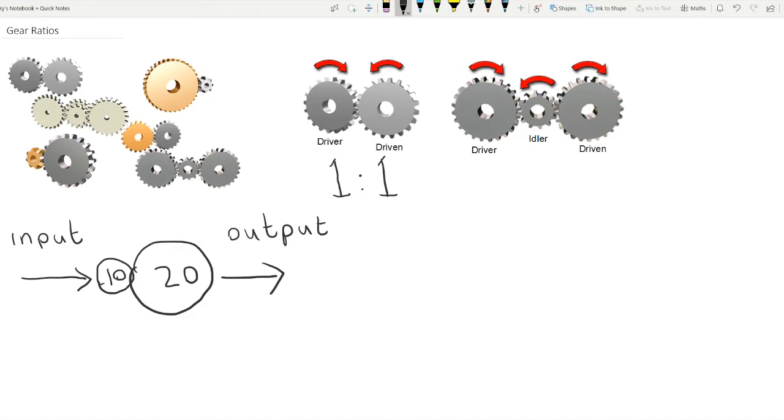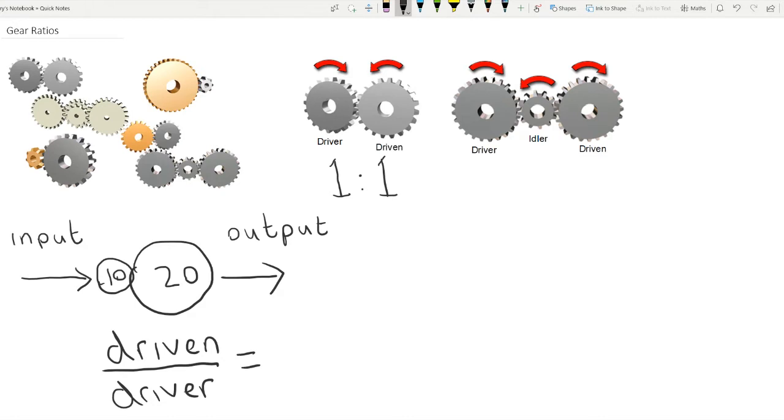So just by looking at that, you can probably say there's a 2-to-1 ratio going on there, and that's quite simple. But there is actually a calculation that we can use, and that calculation is driven divided by the driver.